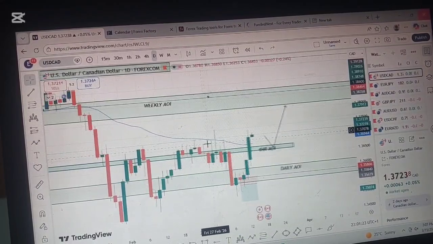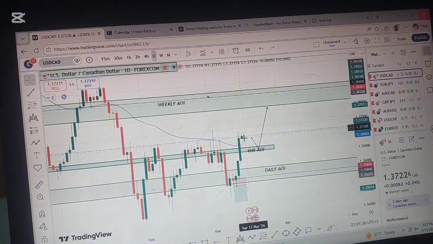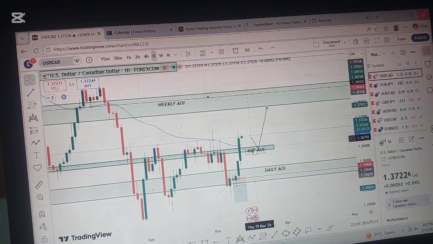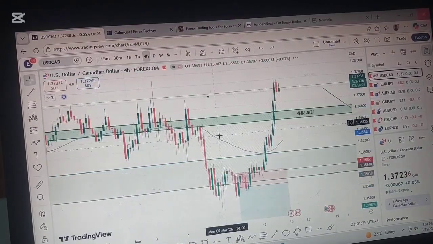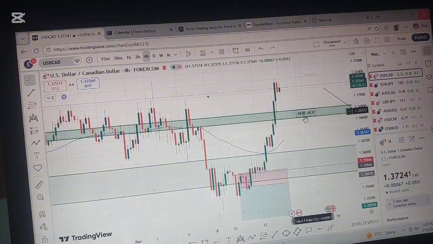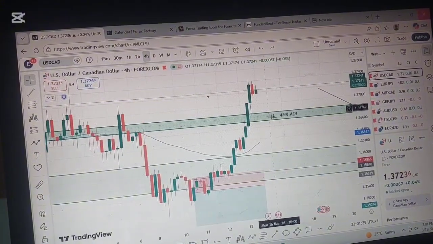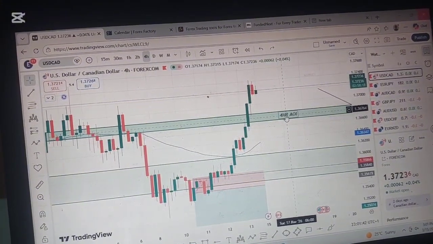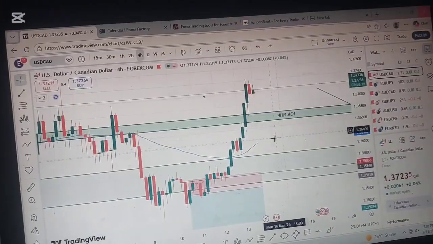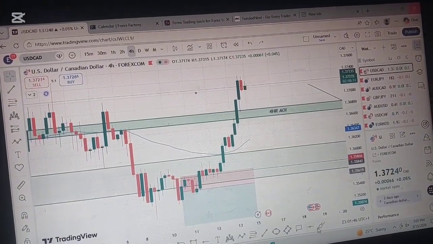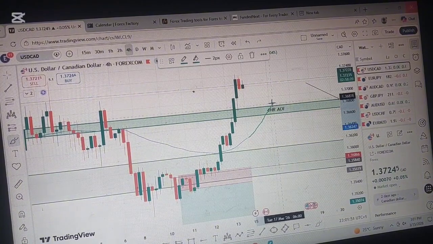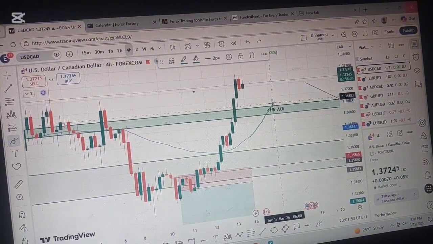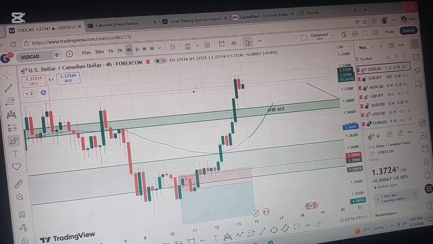So all I'm waiting for in this trade is for the daily time frame to come to this 4 hour area of interest, giving my rejection candlestick, giving my engulfing, then I take the trade to the upside. Before that, the EMA can come, use the EMA as support to push to the upside. Are you getting me? So that's what I'm expecting in USD/CAD.